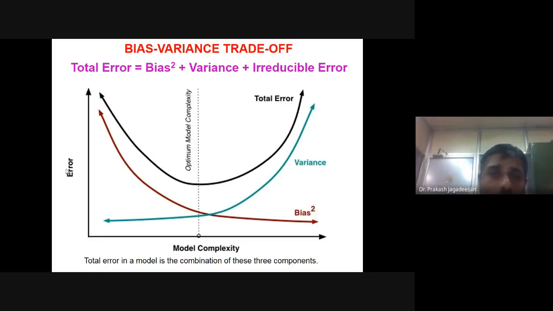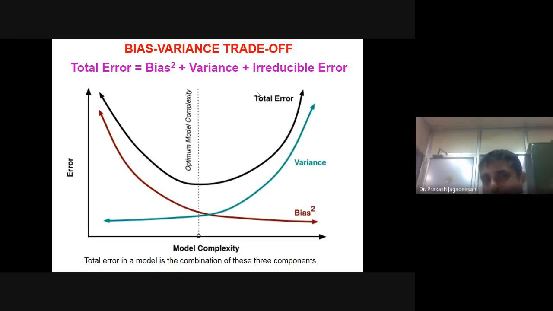So the total error in the model is a combination of three components: the first component is bias, the second component is variance, and the third component is the irreducible error. We cannot avoid error. Definitely there will be a mismatch between the actual system output and the model output. But basically we want to minimize the error.